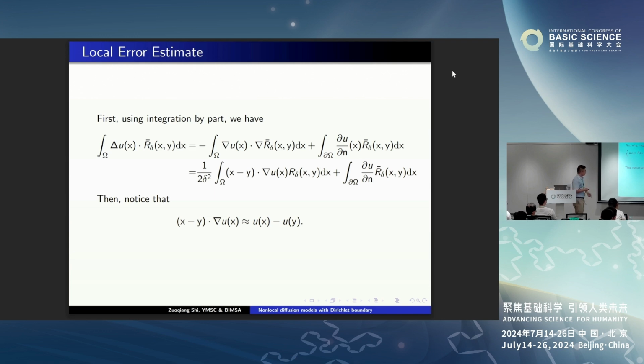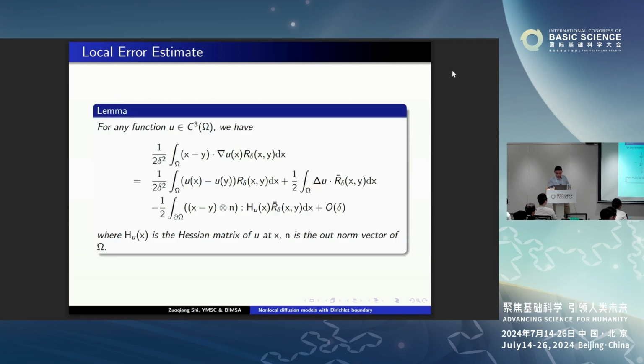Based on the Taylor expansion, we know that the error term is of the order of x minus y squared. But in front of this integral, there is a delta square here. We know that x minus y squared has the same order as delta square. So if we use this approximation, the error is of order 1. So you cannot use this approximation directly.